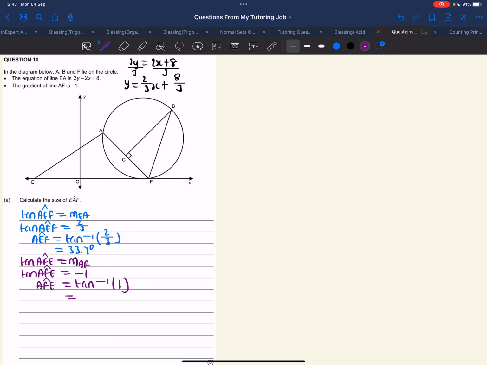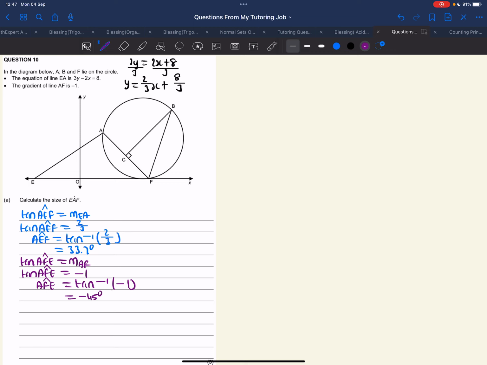But it's up to you. You can say shift tan of -1, which is going to give you minus 45 degrees.